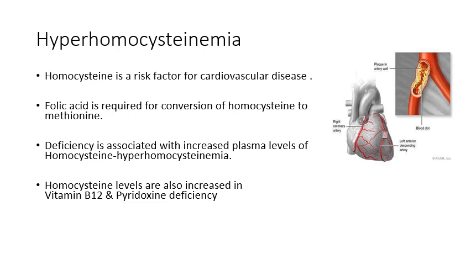So folic acid deficiency is associated with increased plasma levels of homocysteine, and that is known as hyperhomocysteinemia. Homocysteine levels are also increased in vitamin B12 and pyridoxine deficiency.